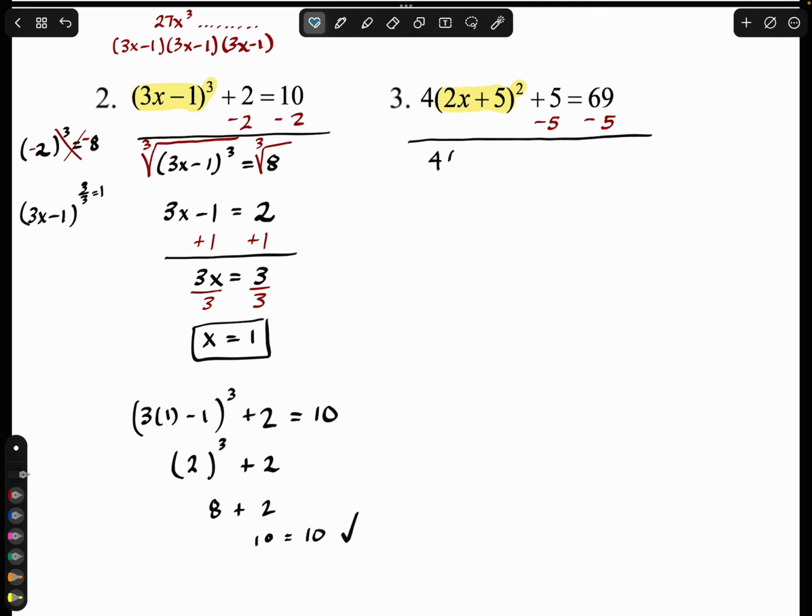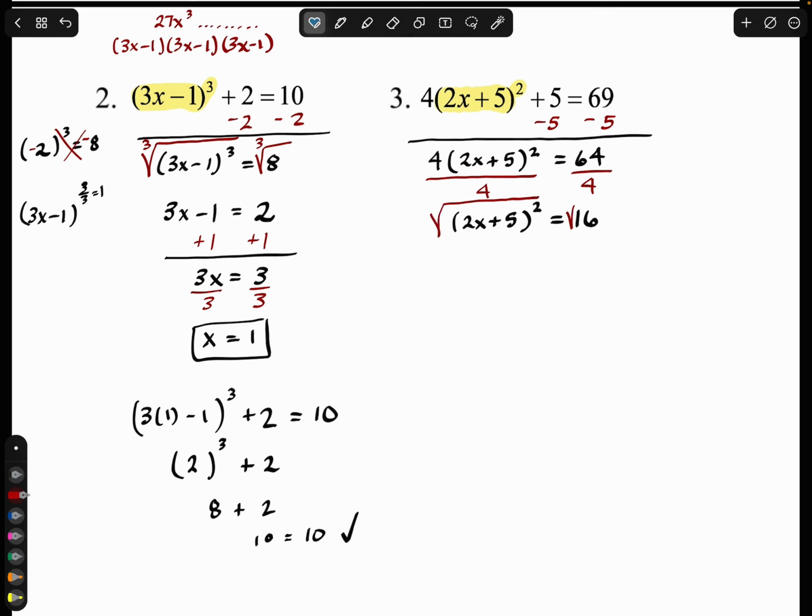When we subtract 5 from each side, we now have 4 times the quantity of 2x plus 5 squared is going to equal 64. Now to get rid of that 4, we're going to divide both sides by 4. And we're now looking at 2x plus 5, that quantity is squared, and that should equal 16.